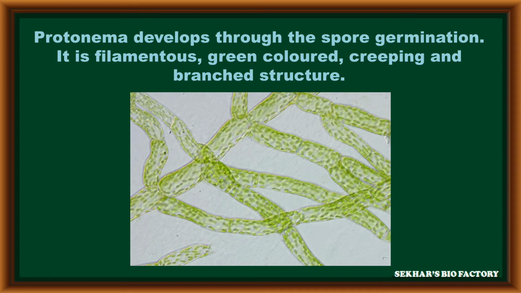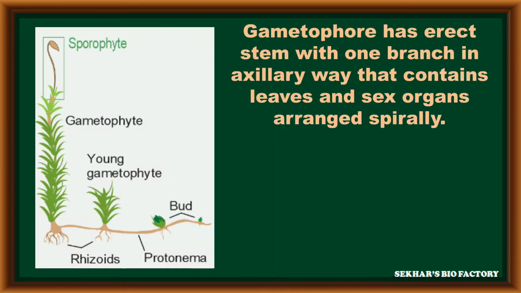It is developed from haploid spores after sexual reproduction. The gametophore is an erect stem with branches, and these branches are present at axillary positions. The stem contains leaves and sex organs. These are arranged spirally.